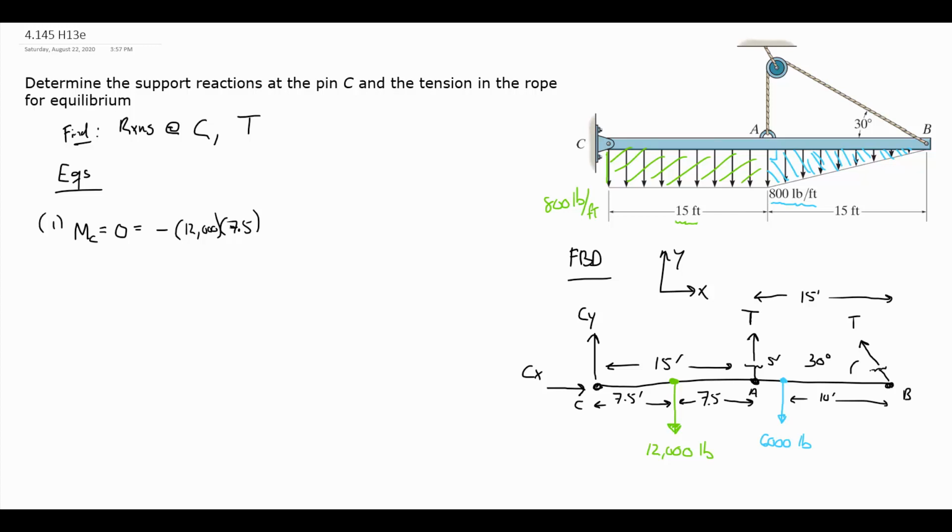As I keep moving, I have this 15 times T from the tension located at point A. I will have a 6,000 pounds times a distance of 20 from point C, and that is going to be clockwise, so negative, and then plus a distance of 30 times T sine 30, just the vertical component of T that's located at B, and it has a perpendicular distance of 30.